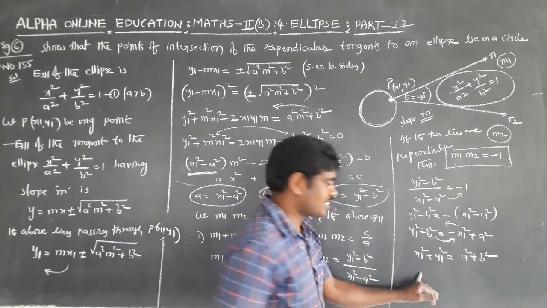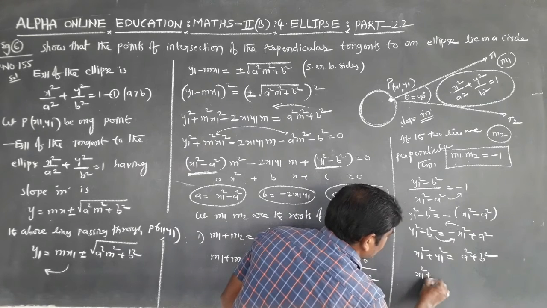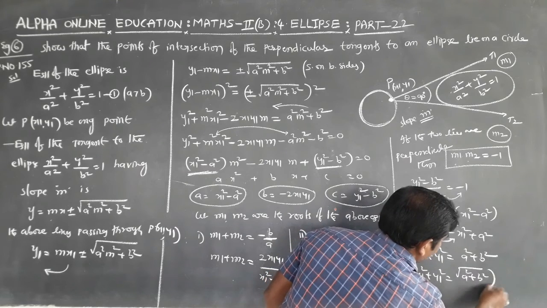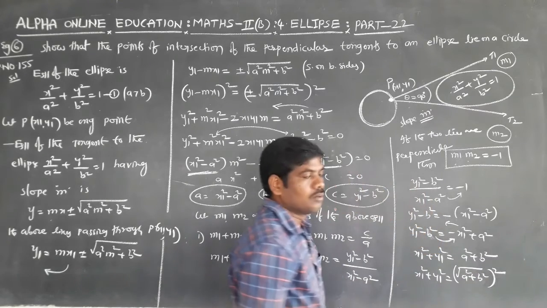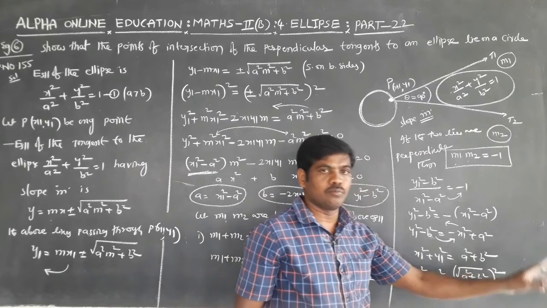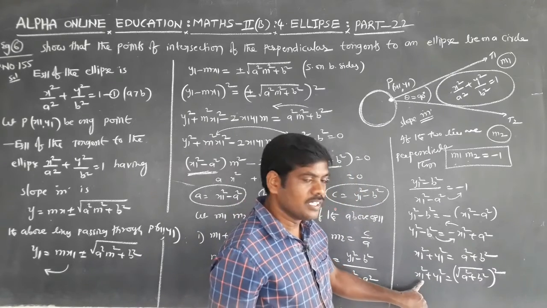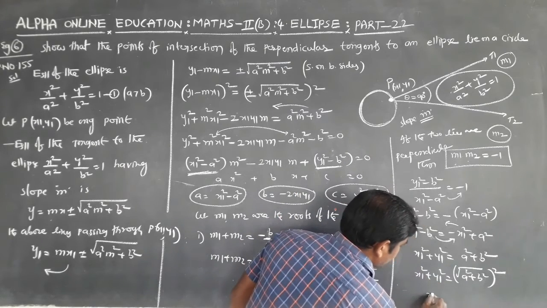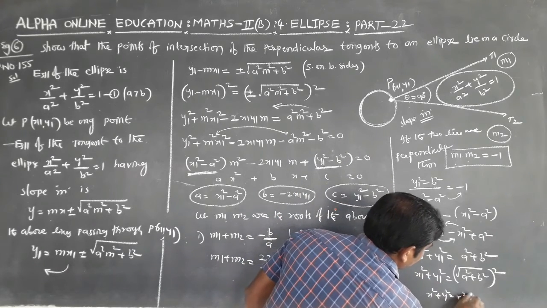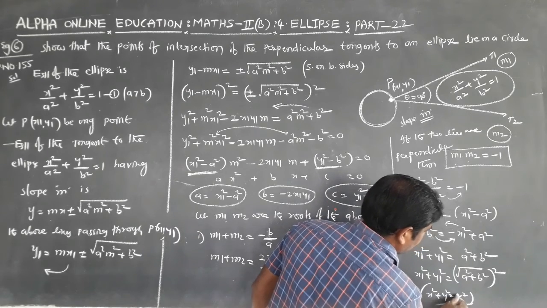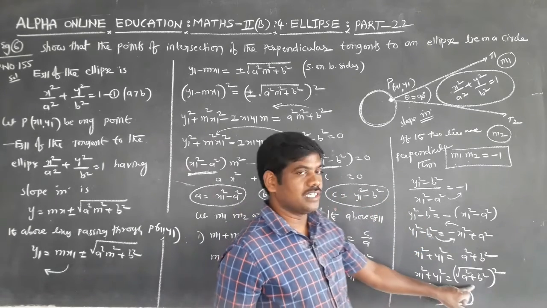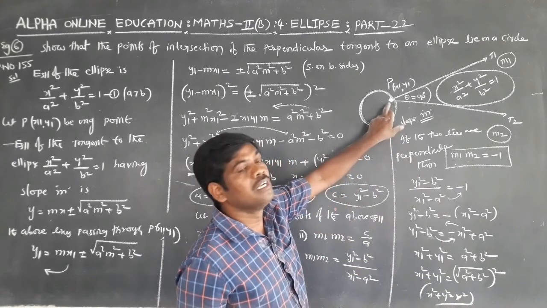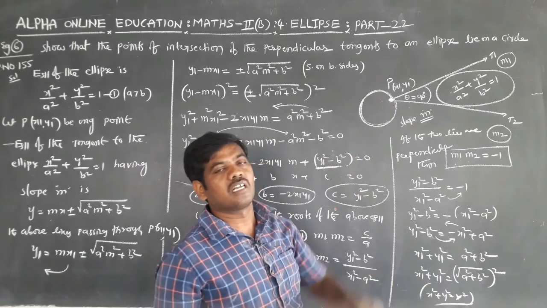This is a circle. It can be written as x1 square plus y1 square equal to (root of a square plus b square) whole square. This is of the form x square plus y square equal to r square, the equation representing a circle. So P(x1, y1) is a point that lies on the circle.